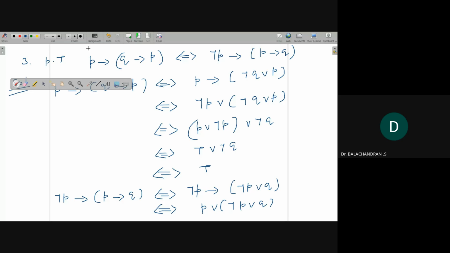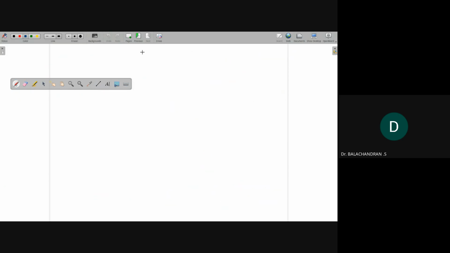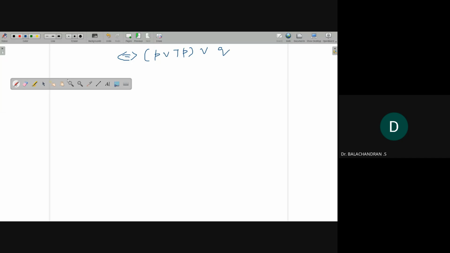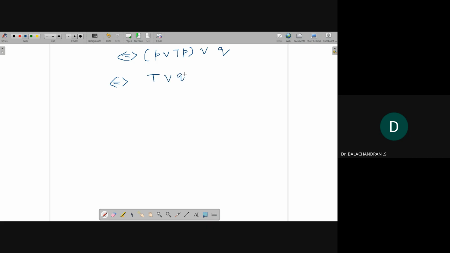So again here also we have or, so apply the associative law and commutative law repeatedly. We'll get (P or negation P) within brackets and then or Q. Again this is equivalent to T or Q. So this is T or Q, which is T.